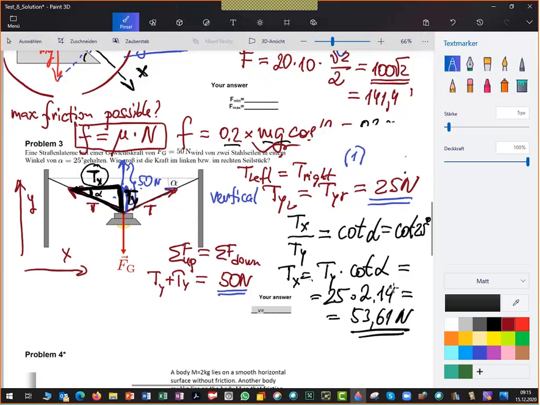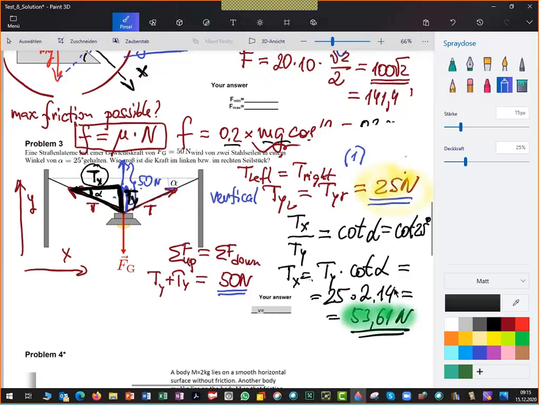Great. So we found now both the y component of tension, which is 25 Newton, and it is here. And we also found the horizontal component, which is 53.